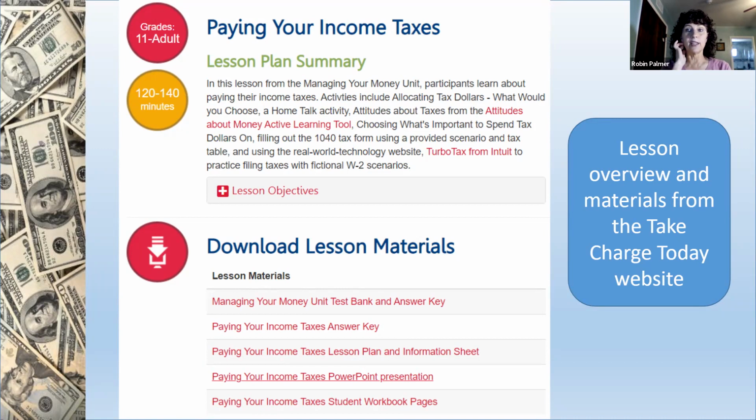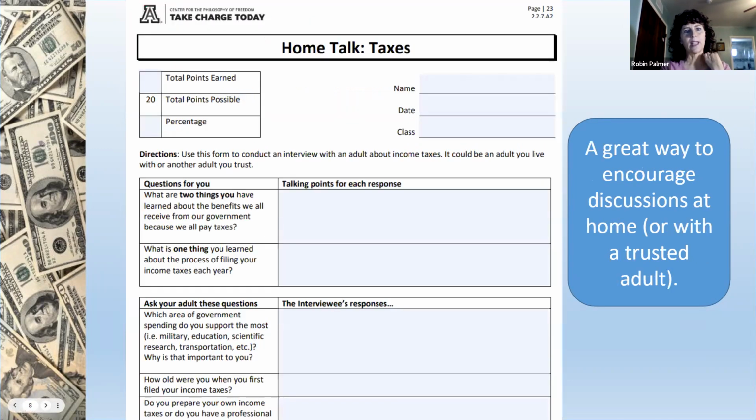And then all of the student activities that go with this lesson are in a zip folder, so that you can just download that student workbook pages folder, and then you can drop those worksheets into your learning management system if you're using Canvas or Schoology or whatever. So it makes it easy for you to get access to all those materials.